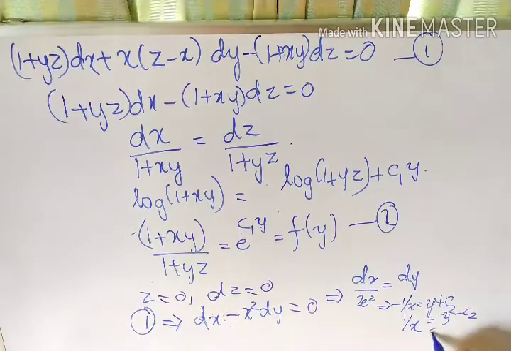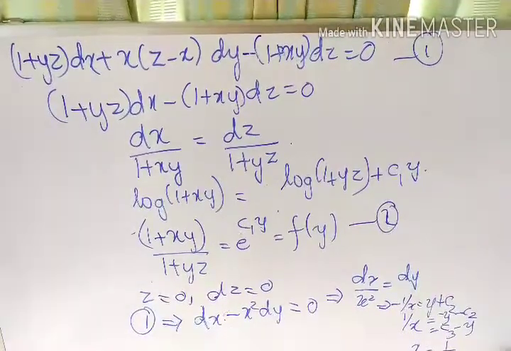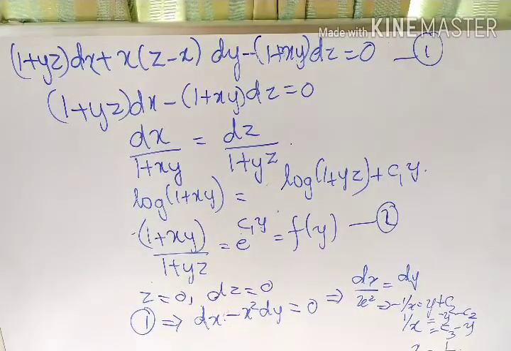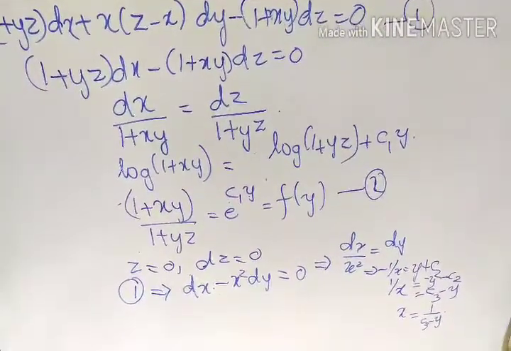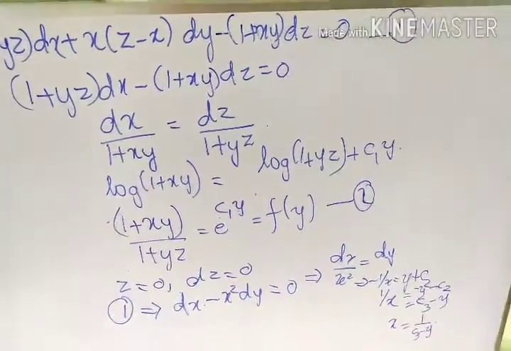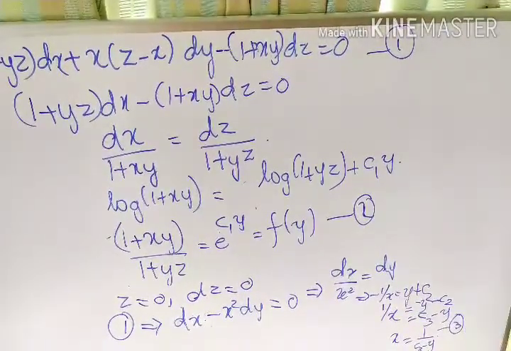I am taking minus c2 to be another constant, say c3, minus y. So x will be equal to 1 by c3 minus y. That will be my x. Now what remains is, that's x over here for you. This is my third equation.